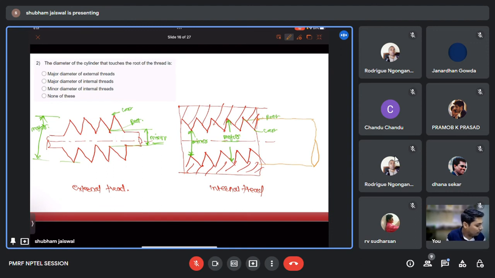So only if I keep a cylinder and try to push it in the external thread, it will not be possible to touch it, so it will not touch the root part. In case of the internal thread, if I take a cylinder and push it and the cylinder touches the root of the thread, then it will become the major diameter of the internal threads. So the correct answer will be the major diameter of internal threads.